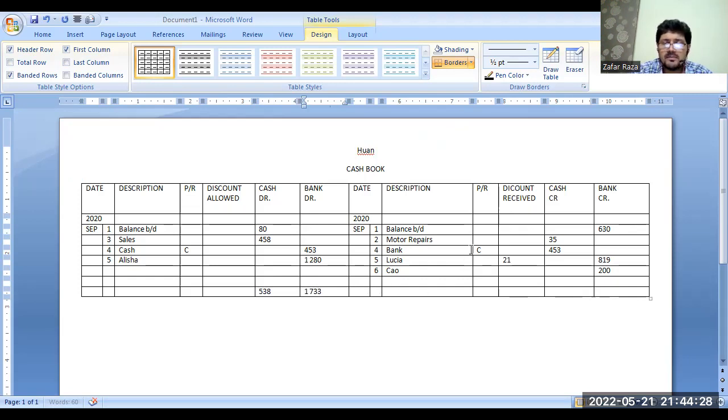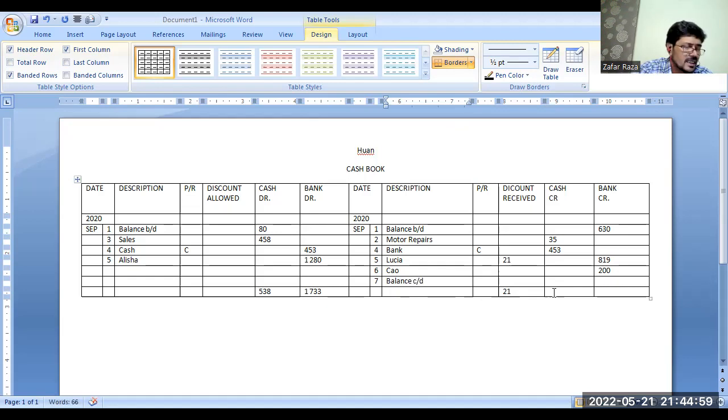Now, total of discount received we have 21. Now first we have to take the balance over here. So on 7th September, balance c/d would be how much?